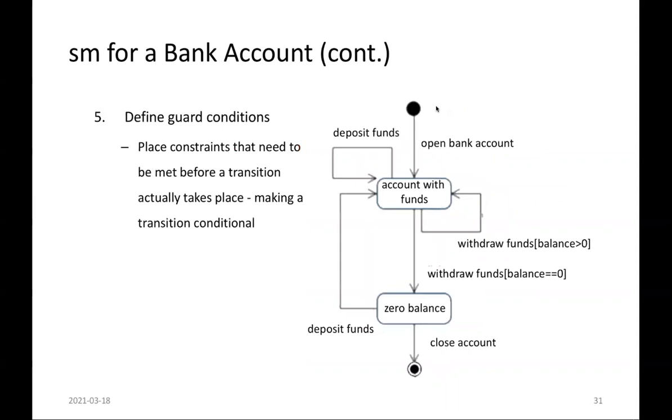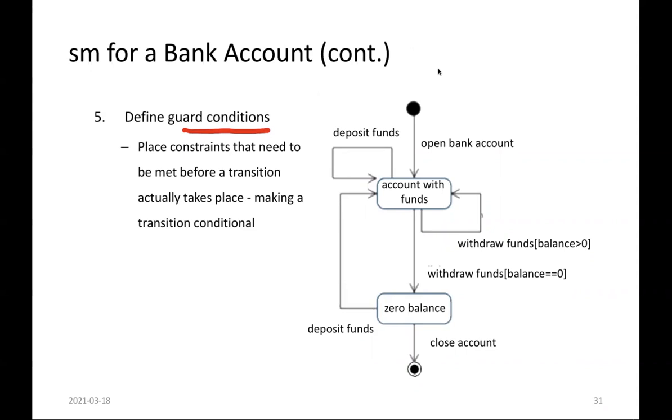So the final step in building the state machine diagram, in addition to adding those triggers on the transitions, is to define guard conditions, by placing those constraints that need to be met before a transition actually takes place. That means you allow your transitions to be conditional on certain constraints by which the transition will take place.